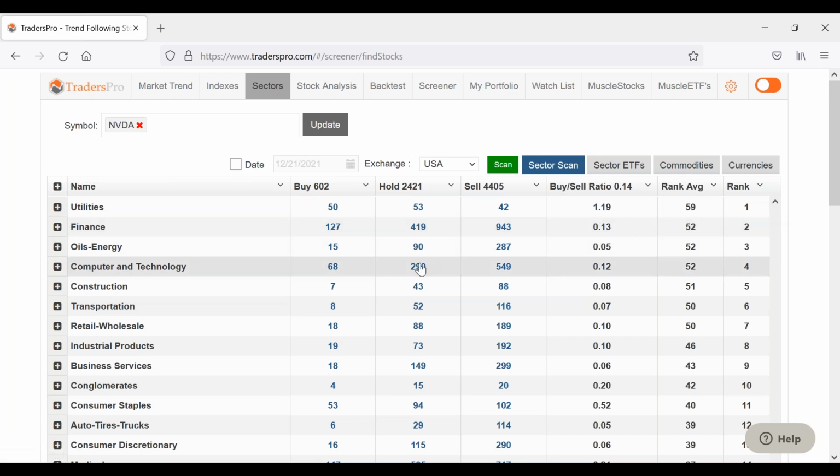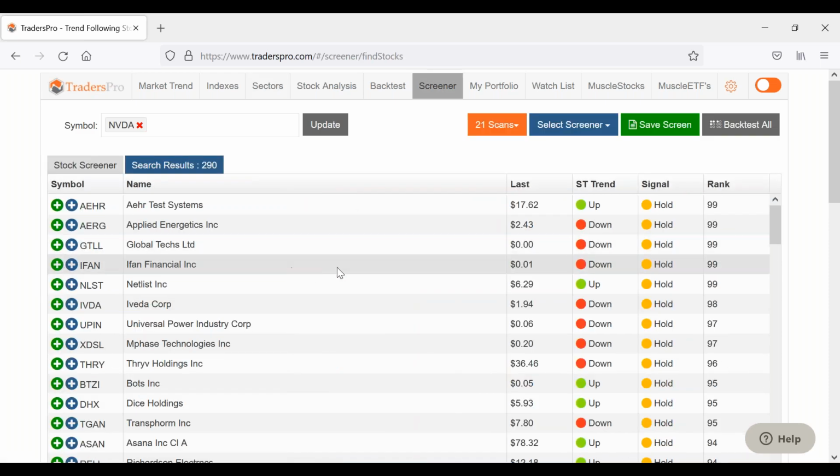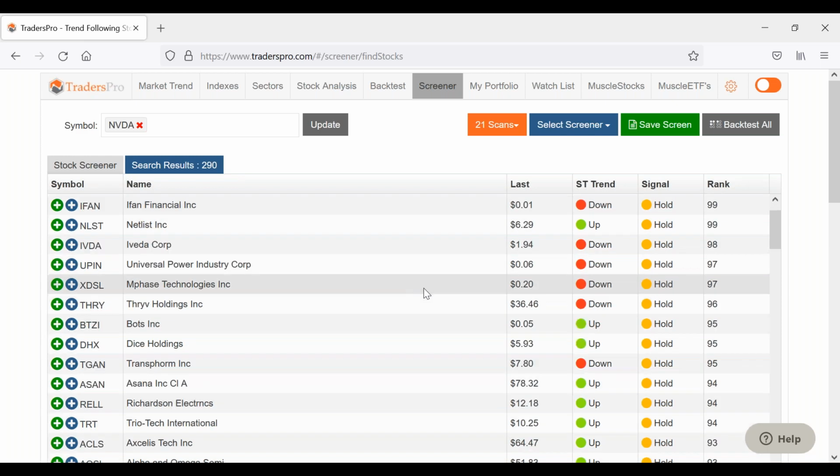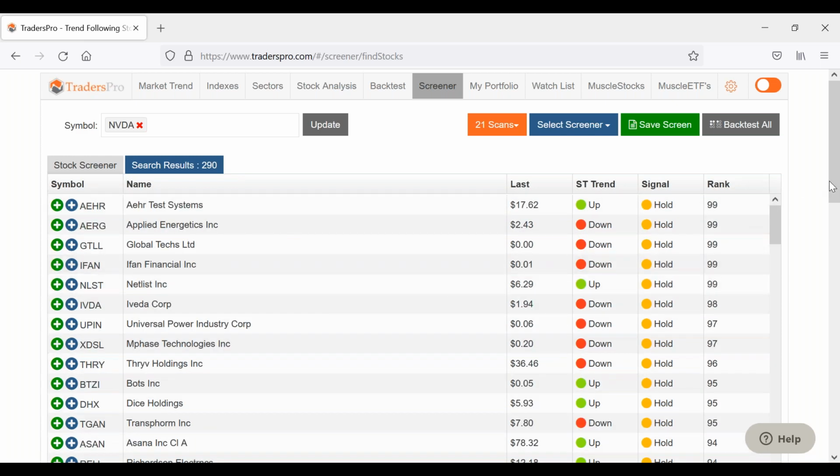Now, within the sectors, when we get into the hold section, for instance, ideally I'm looking for a 98 strength rank stock that is at a hold, and that I like the pattern. Now, there are times when there are tons of these 98 strength rank stocks that have a hold signal and have a great chart pattern.